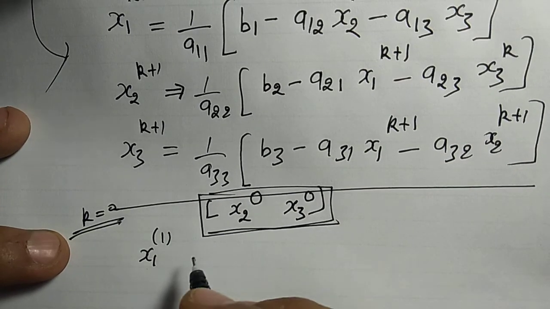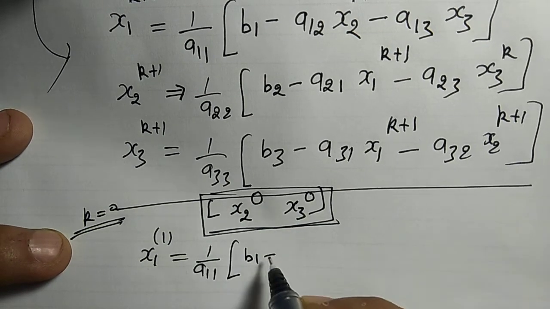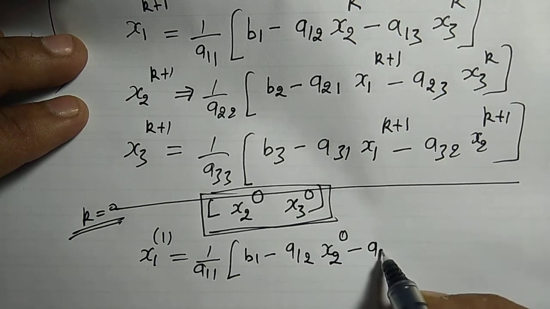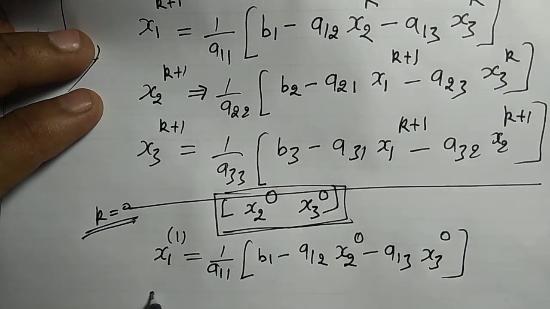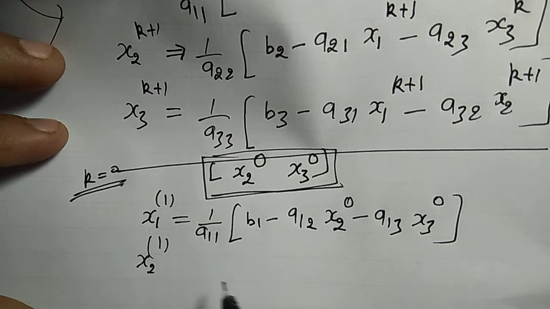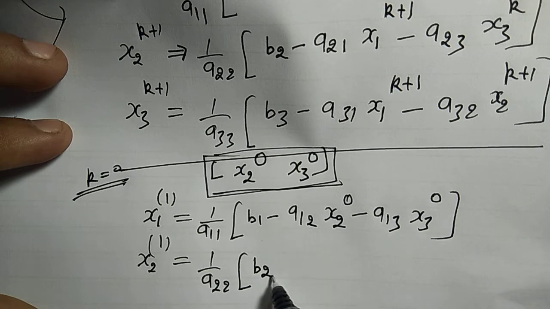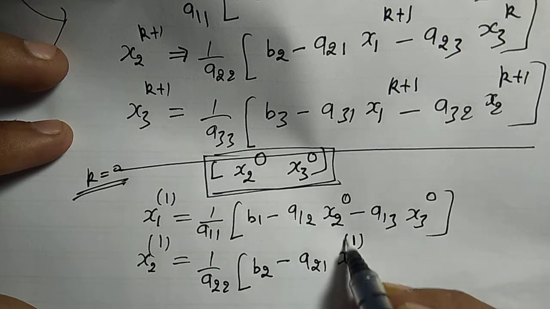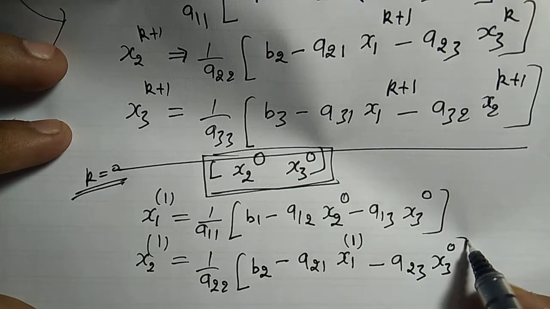So we can write, for k equal to 0, x1(1). The value of x1 for the first iteration will be 1 upon a11 and b1 minus a12 x2(0) minus a13 x3(0). Fine. Now for x2(1), we have x1(1), the updated value of x1, so we'll have 1 upon a22 and b2 minus a21 x1(1) minus a23 x3(0).